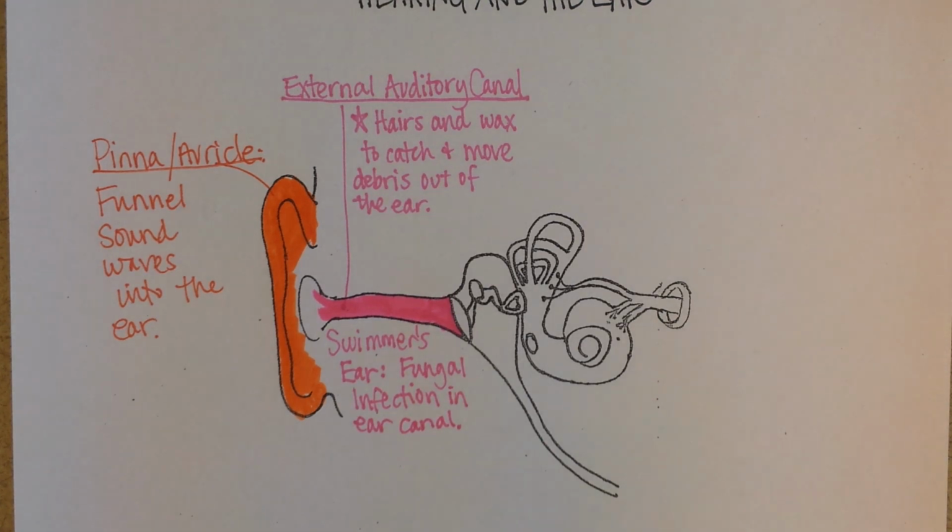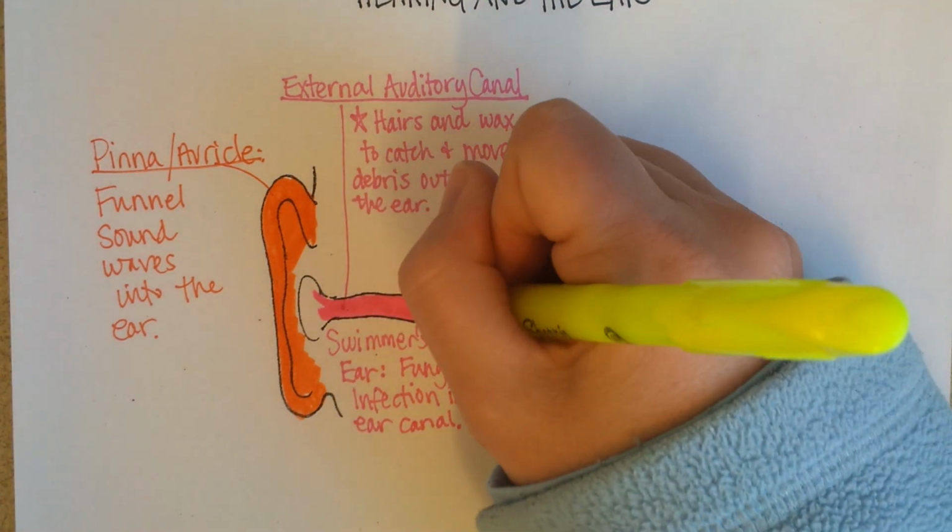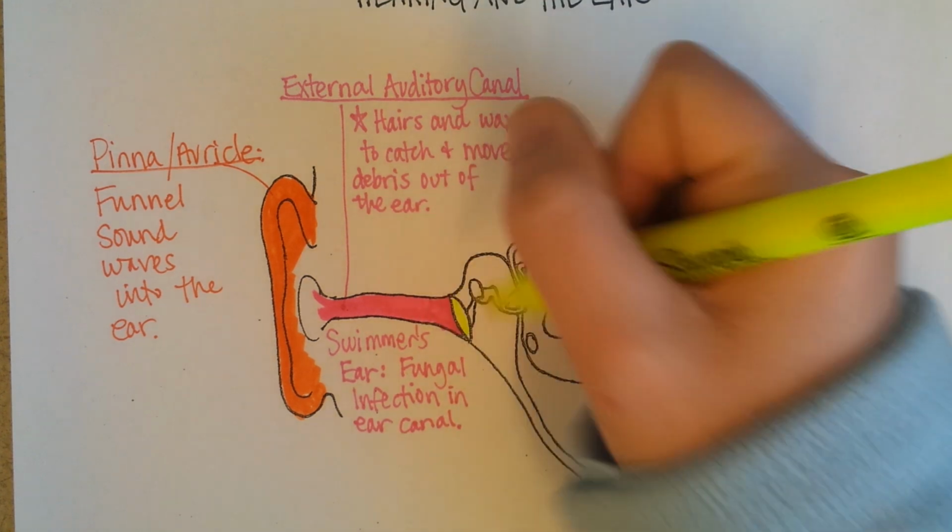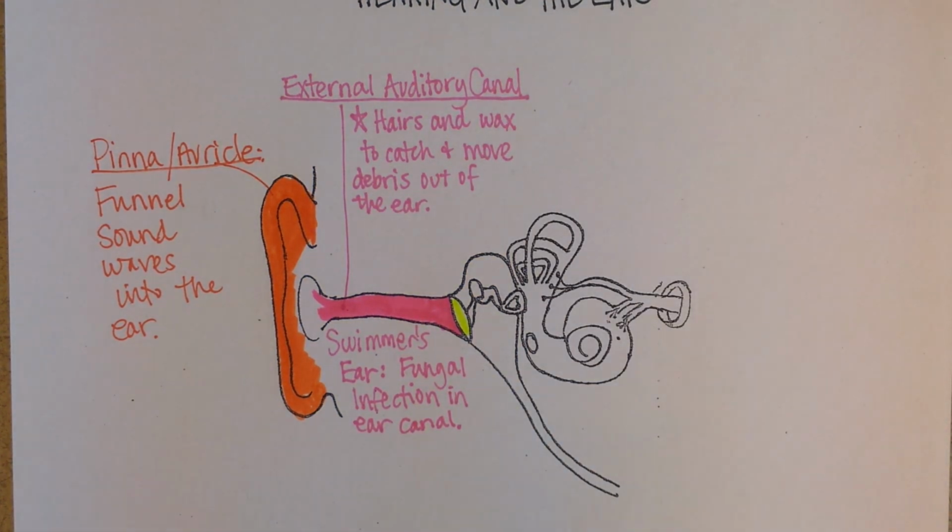Okay, next up is the tympanic membrane. If you are into orchestra, you know that the timpani section is where the drums are. And sure enough, your ear has a drum in it.